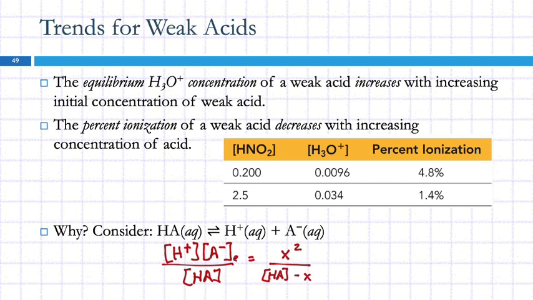So these are equilibrium, and this would be the initial. You know, that's not really helpful at all. Well, maybe it is. This is a thing that is hard to explain. So the percent ionization is the H plus concentration at equilibrium divided by HA initial.